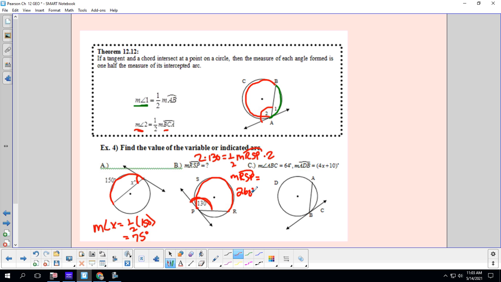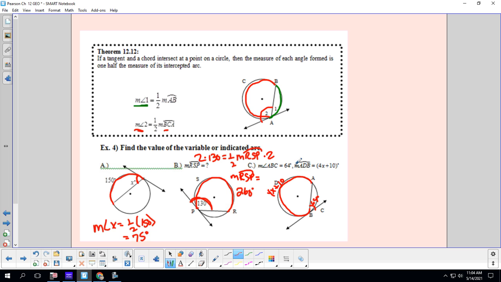Wow, nice. Okay, let's look at our last problem here on C. The measure of angle ABC is 64. The measure of arc ADB is 4x plus 10.